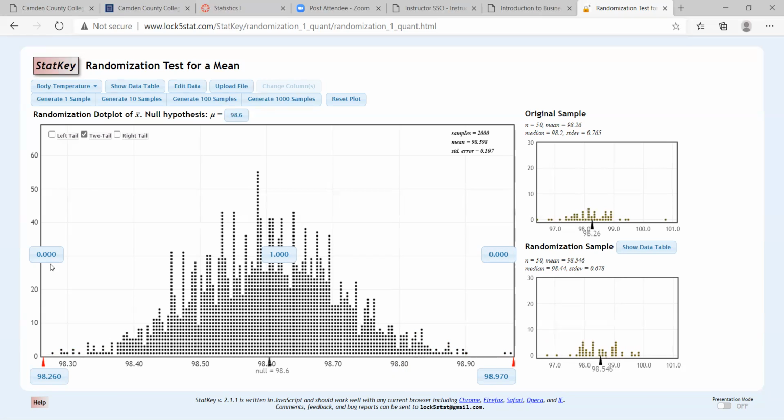It's the sum of these two numbers here that gives us the p-value, right? And then what we do is we say, if the p-value is less than or equal to alpha, we reject the null hypothesis. Now remember, alpha is the probability of a type 1 error.